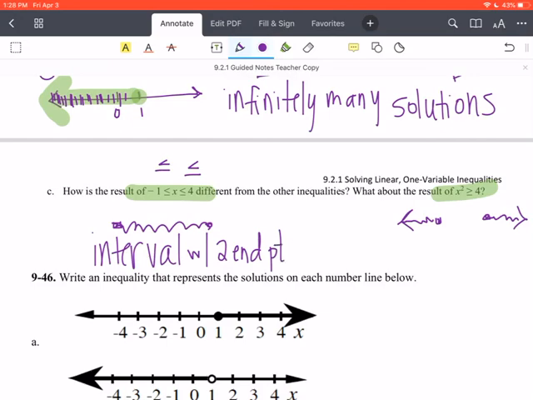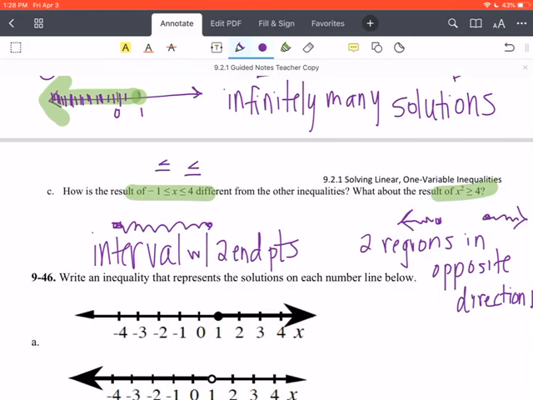And then in the second inequality, we still had 2 points, but we're going to call those starting points that continue in opposite directions. So two regions continuing in opposite directions. We're going to look at that more over the next few lessons.